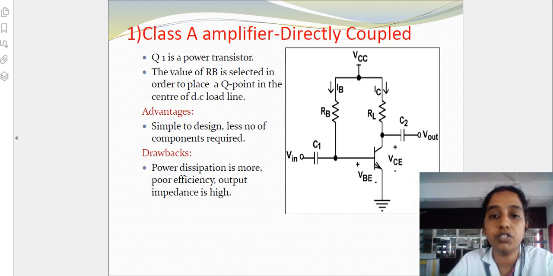So this is the general circuit diagram of the directly coupled. So this is fixed bias. We have the load resistance across the collector circuit and the biasing resistance in the base of the transistor. So this is a directly coupled circuit.